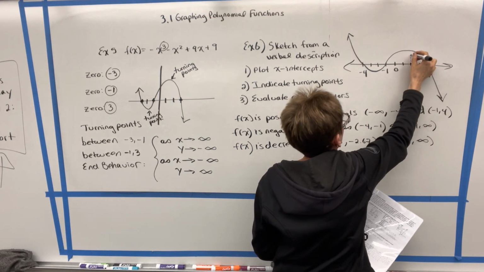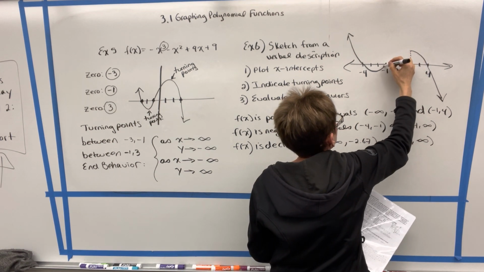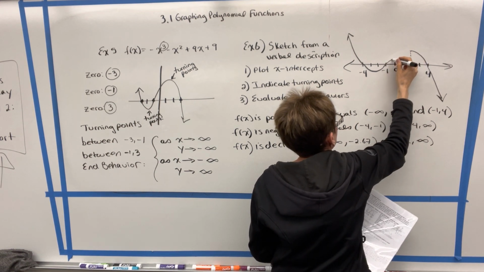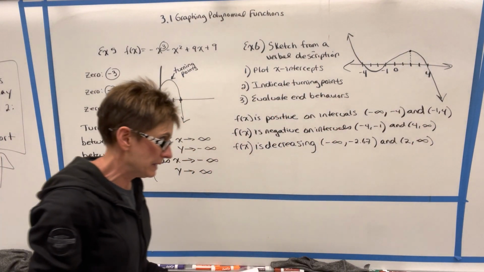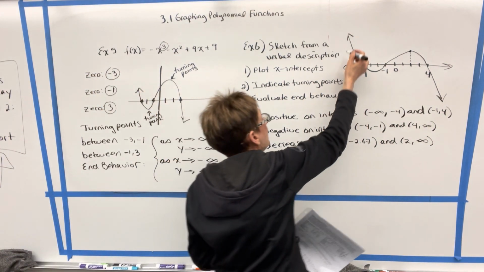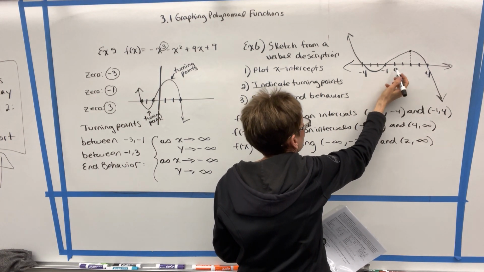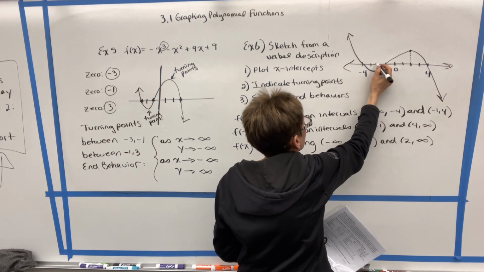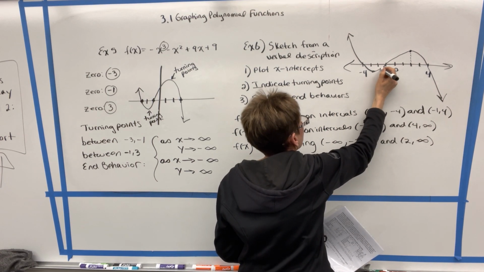At 2, the graph starts going down. So I can fine tune this a little bit, so that at 2 is where the graph starts going downhill. And then I know that the graph is also going downhill all the way up into negative 2.7. So that would be about right there, and that is pretty accurate to what I already had.